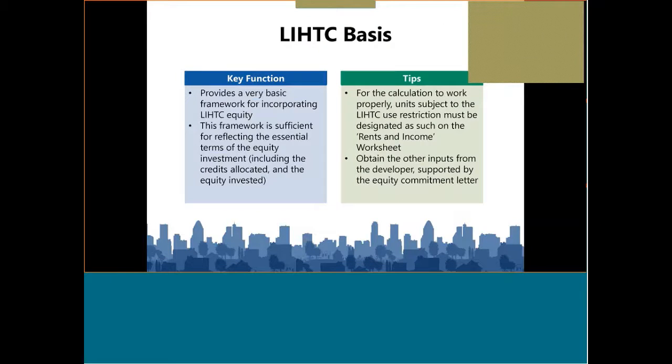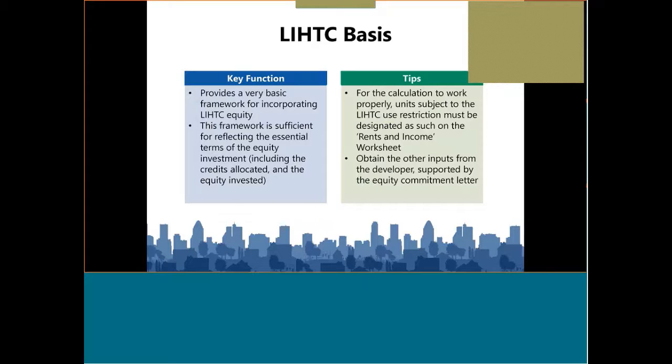Now, as I said earlier, as I introduced Wildflower Apartments, this is not a low-income housing tax credit deal, but the tool does provide a pretty basic framework for incorporating tax credit considerations, both on the rent underwriting side as well as on the source side, where you could input the low-income housing tax credit equity.